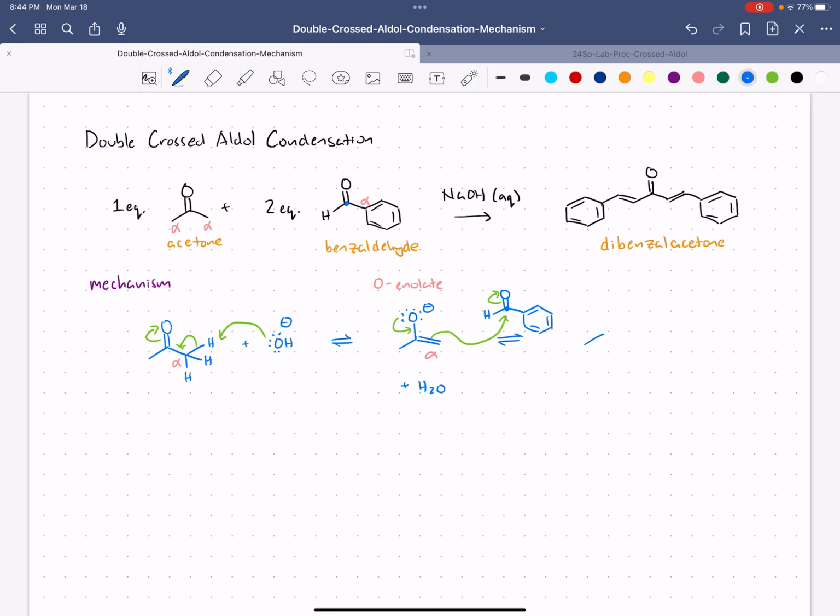What we get is reformation of the carbonyl. The alpha carbon now is connected to the other molecule, the benzaldehyde that we attacked. We did form an O minus, and I'm going to draw the 3 lone pairs again because we're going to use them. And you don't have to draw the H, but I'm going to draw it here.